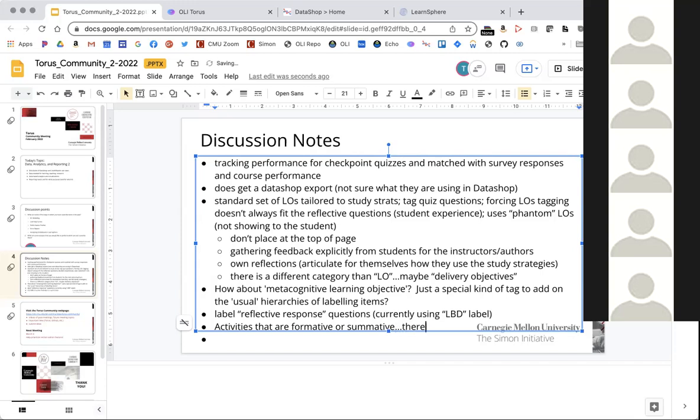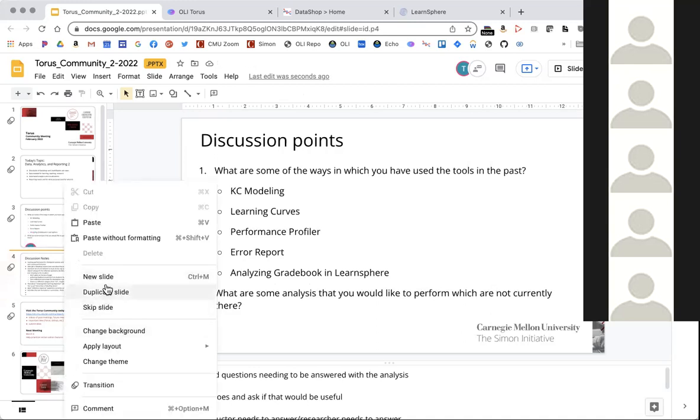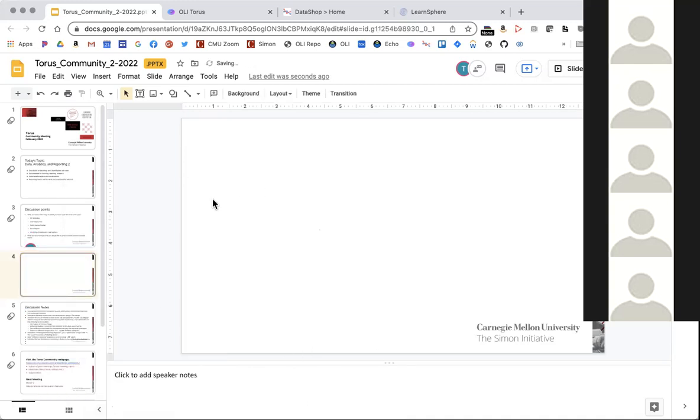I know it's an important distinguishing characteristic for Echo as it currently is. And that might be an important conversation for people to have: what are your needs? Do you want it to be strictly formative or summative, or are there things that are both?